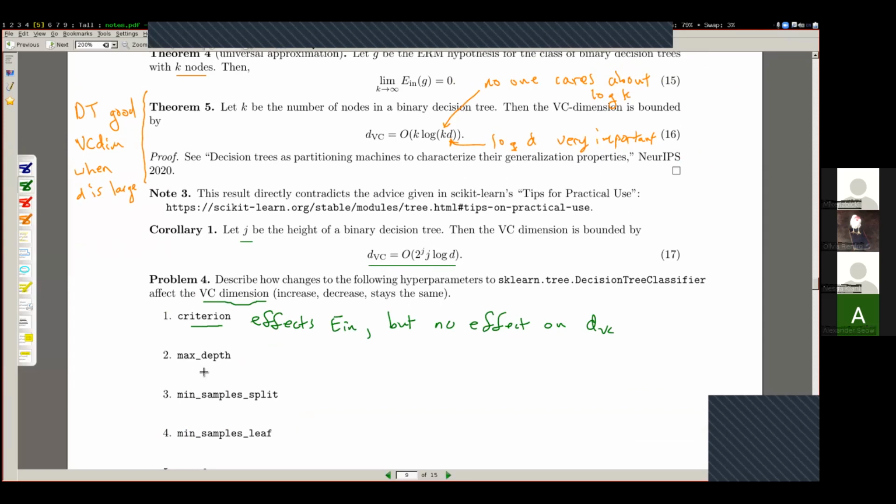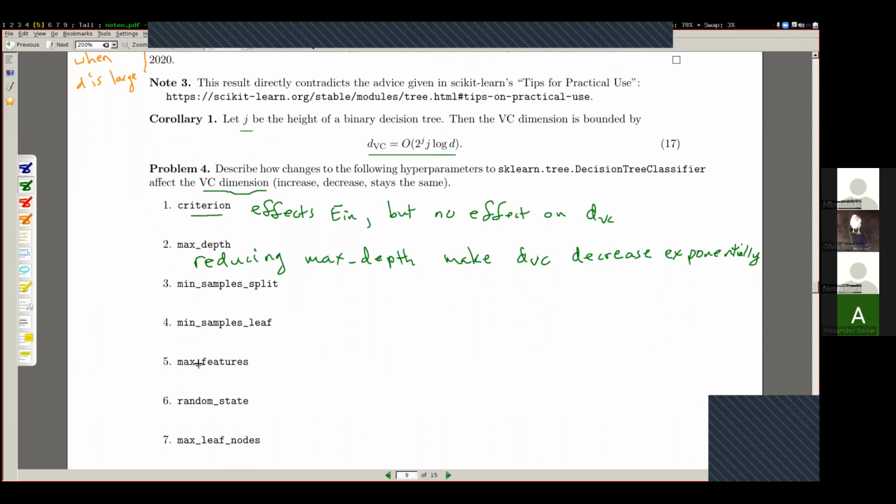So reducing max depth makes the VC dimension go down exponentially. So this is a very important parameter for controlling the generalization of a decision tree.